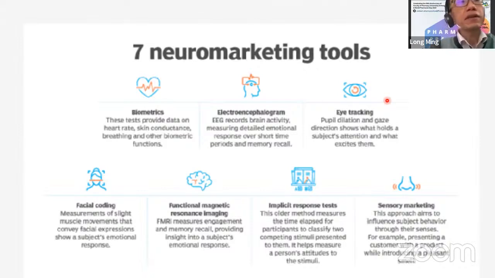They also have sensory marketing, where they are given certain senses or smells to see what their responses are. Eye tracking, what I meant just now, when they feel stimulated, eye pupil dilatation can occur. The headgear measures the ECG and the encephalogram.